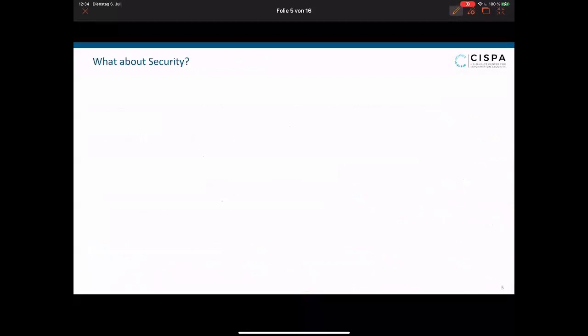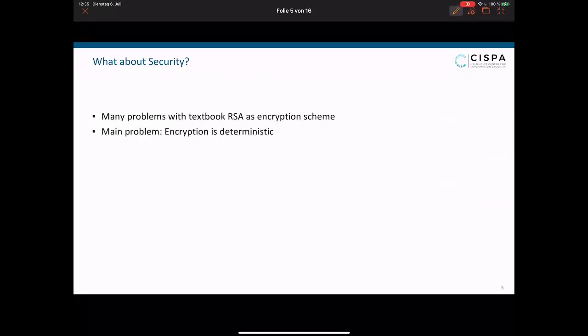All right. Let's go further and quickly reflect on the security of the basic textbook RSA scheme. There are really many problems with the scheme as presented here. Now, the main problem, which shouldn't come as a surprise to you, is that encryption is deterministic.